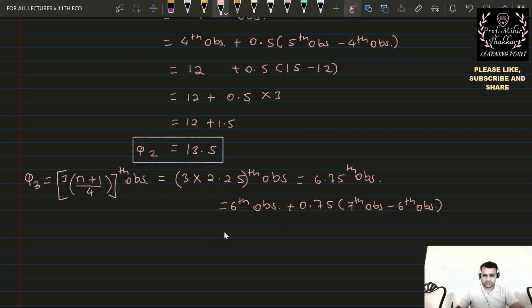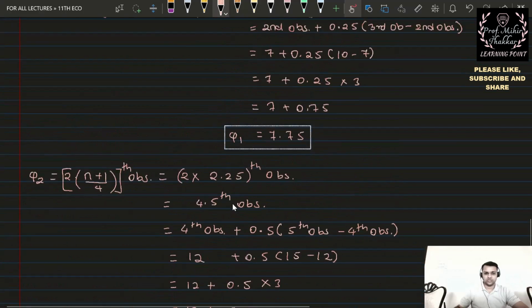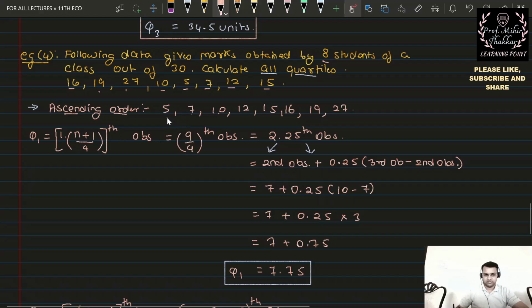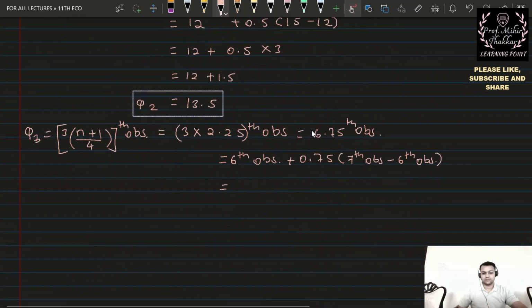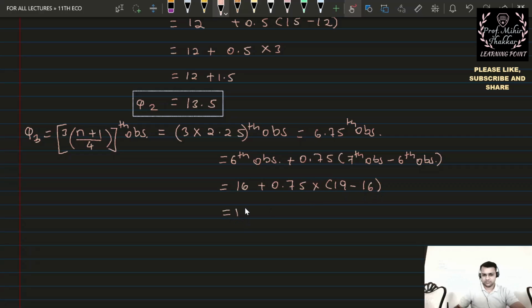So let us search for the sixth observation over here, friends. 1, 2, 3, 4, 5 and 6. So it is 16 and 19. So in this case, 16 plus 0.75 multiplied by 19 minus 16. So 16 plus 0.75 multiplied by 3.